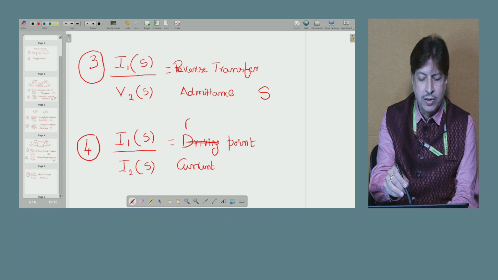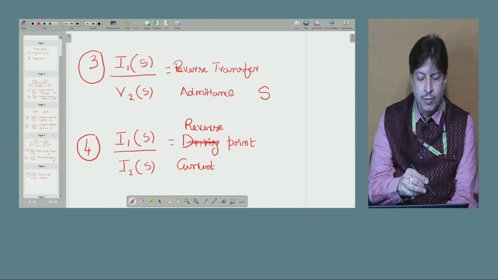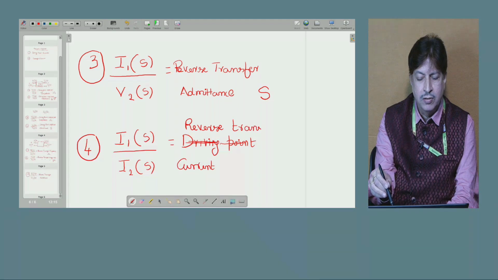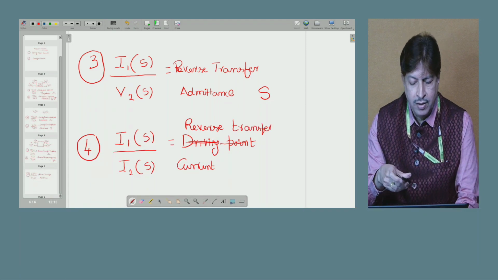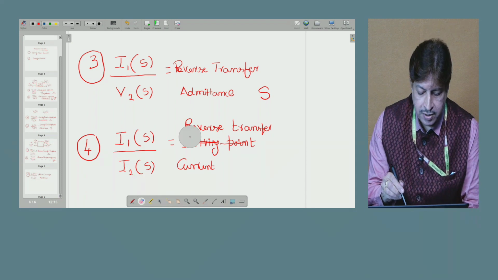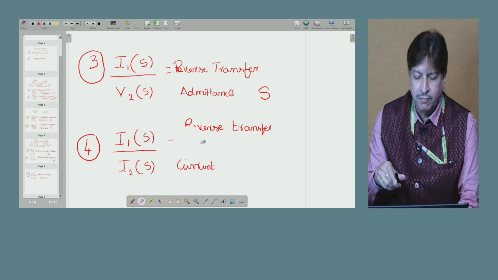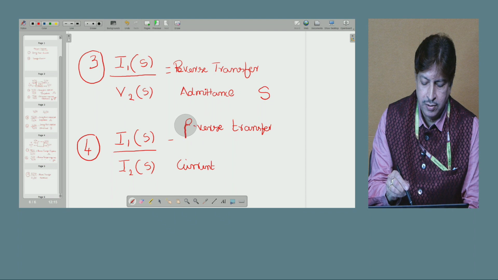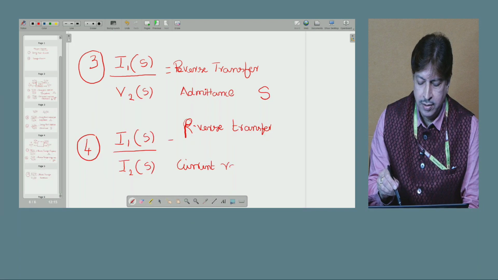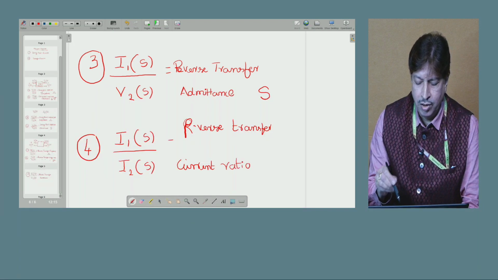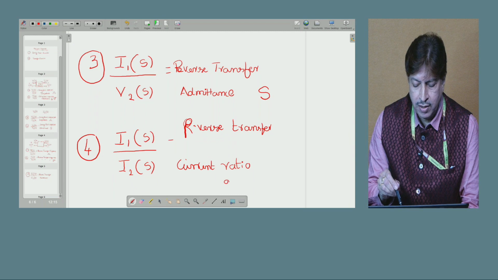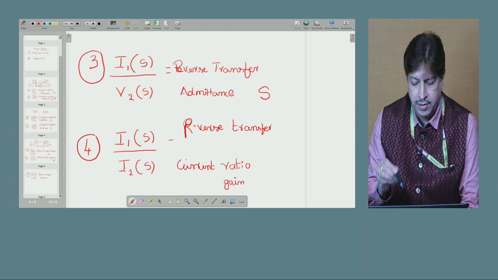Both belong to different ports. So we call it reverse transfer current ratio, or reverse transfer current gain.